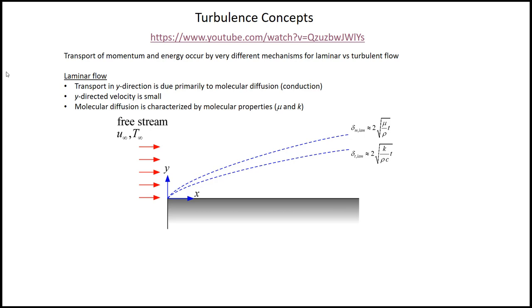When you start thinking about diffusion, when you start reading books about diffusion, you'll start to see people delineate between molecular properties and turbulent properties. And so molecular properties really just means the properties as we're used to thinking about them, right? So the properties that we talk about all the time are properties that characterize how the energy carriers and the momentum carriers in the fluid are behaving, right?